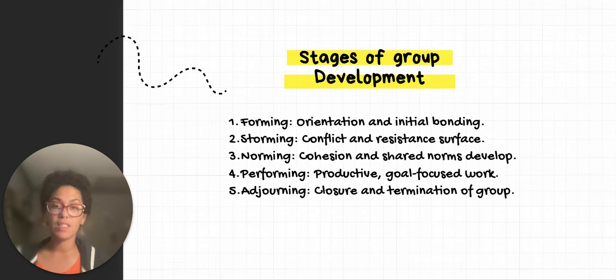And these phases can also be called the initial, transition, working, and final stages. So during each stage, the group dynamics change and different processes and tasks and challenges come up to the forefront.